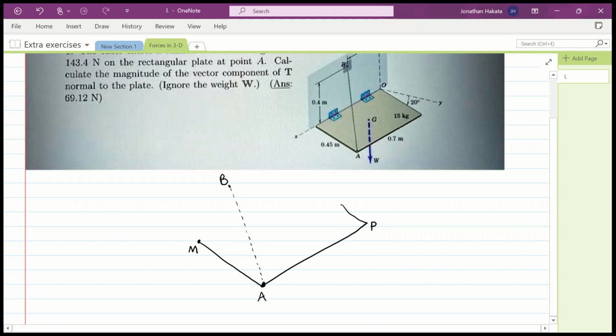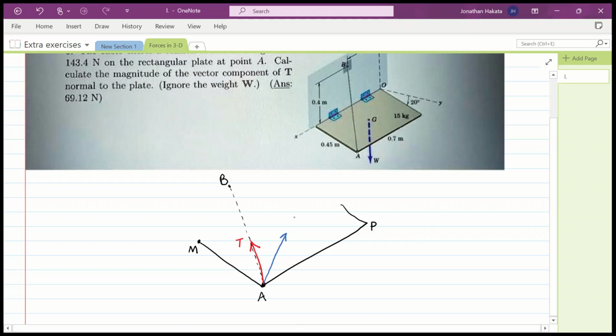We are told that the force T is acting on the plate, so let me assume that it's taking that direction, T there. Of course, this force has two components. One is normal to the plate. It's just a sketch, so it's not up to scale. Let me pick a different color.